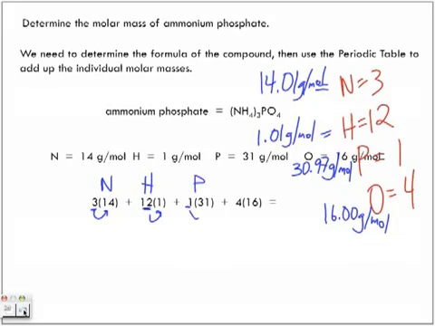So it's really important that you are able to write that formula, because like I said, if you made a mistake in the formula and wrote just KO, you're losing out on a complete molar mass of potassium.